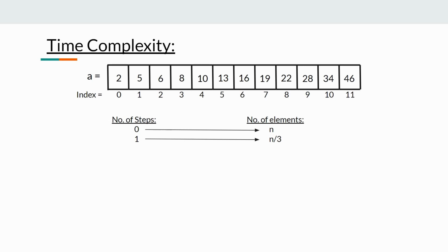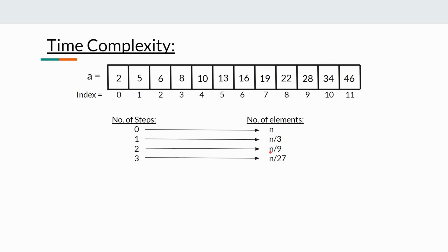So the number of elements in our hand is n divided by 3. Then when we execute once more, it's n divided by 3 divided by 3, that's n divided by 9. Then one more time, it's n divided by 27.